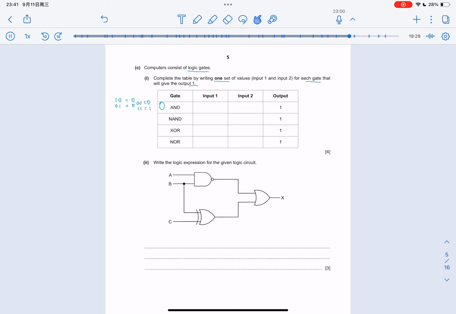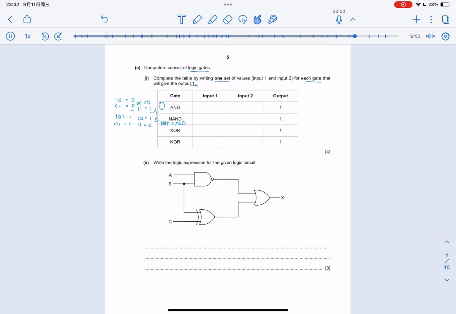Then for NAND, it's just not plus AND. So what will be done here is just the opposite. So 1, 0 will be 1. 0, 1 will be 1. 0, 0 will be 1. 1, 1 will be 0. So it's everything inverse from here.